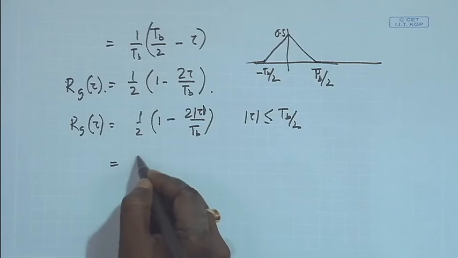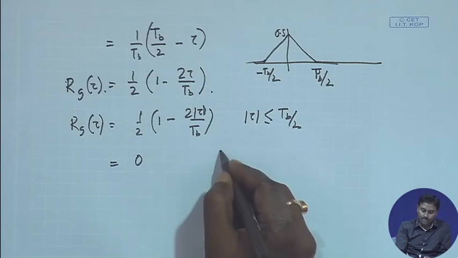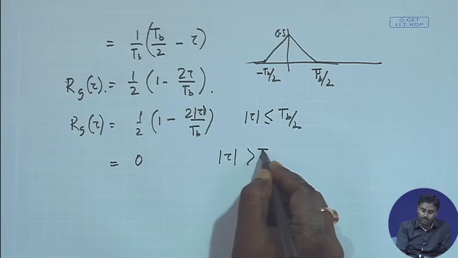Because there will be an infinite number of such pulses, all those things have to be added. Half of them will give me a positive value because they are equally likely, half of them will give exactly the same negative value. So, they will get cancelled and I will get 0 all the time. So, this becomes 0 all the time as long as my tau is greater than TB by 2.